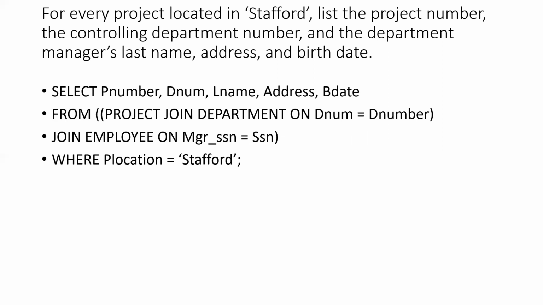Select P number, D name, last name, address, birth date from project join department. The project relation and the department relation are joined using the attribute D number, on D number equal to DNUM. We join employee on manager SSN equal to SSN. Here in each join operation we are specifying the attributes. Then where P location equal to Stanford.